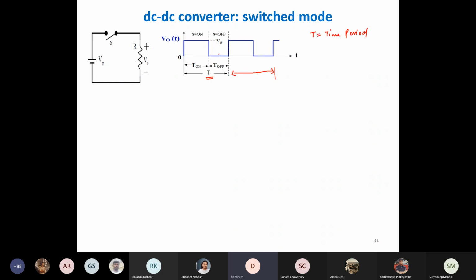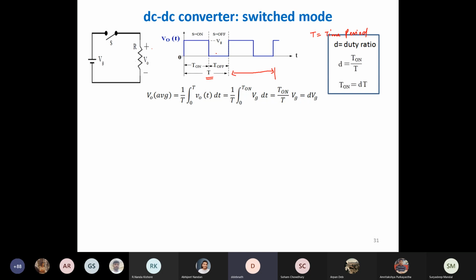So what is the average output voltage? How do I calculate it? We'll apply the simple formula that we learned in first year. Output voltage V0 average is D times the input voltage. What is D? D is the duty ratio, which is the ratio between the on time and the total time period. You can spend 2-3 minutes and get all this derivation.